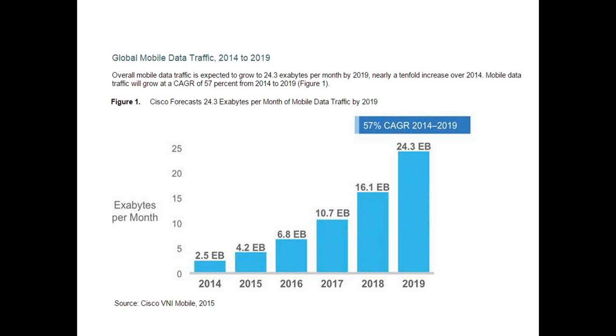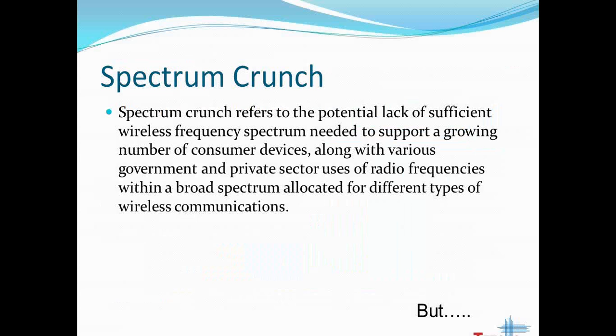From here, you can easily understand the allocated spectrum for mobile data traffic is not enough. So this, in turn, will lead to spectrum crunch. Spectrum crunch refers to the lack of sufficient wireless frequency spectrum required for the communication among the growing number of consumer devices.